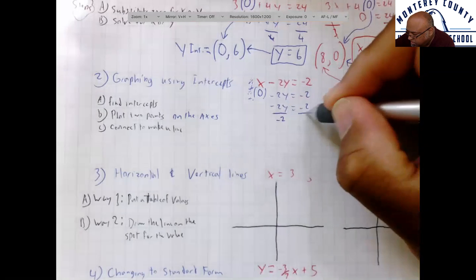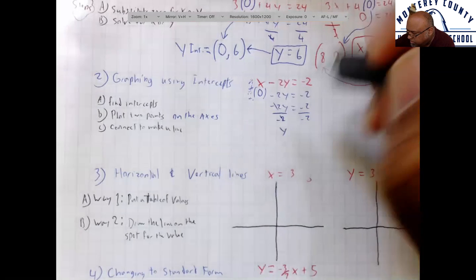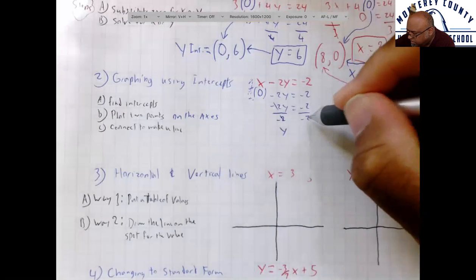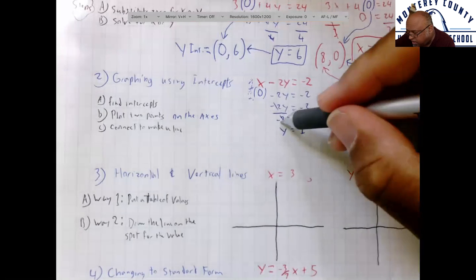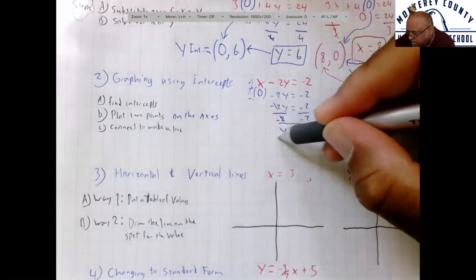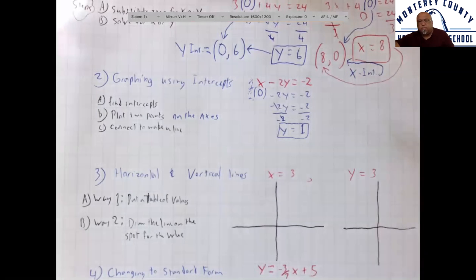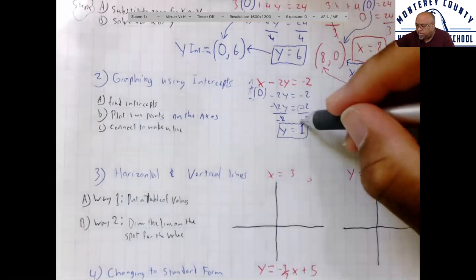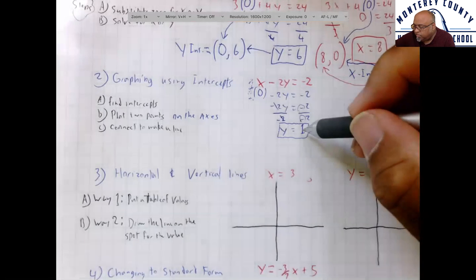I'll divide both sides by negative 2. Those cancel out, leaving me with y. Negative 2 divided by negative 2 is equal to positive 1. Remember, it's not negative 1 because a negative divided by a negative equals a positive. The rule is, if the signs are the same, the answer is positive. Okay, so my y value is 1.